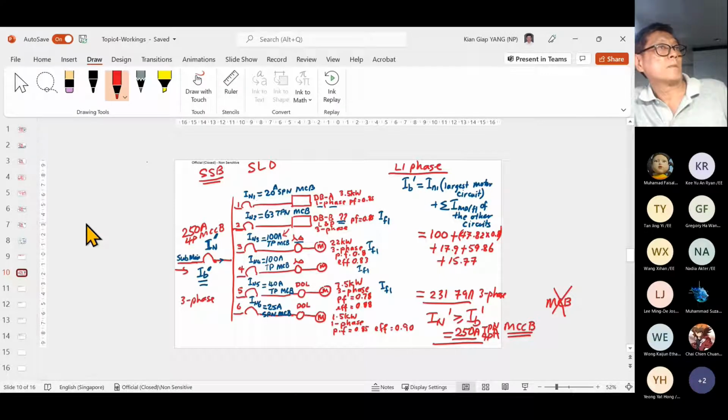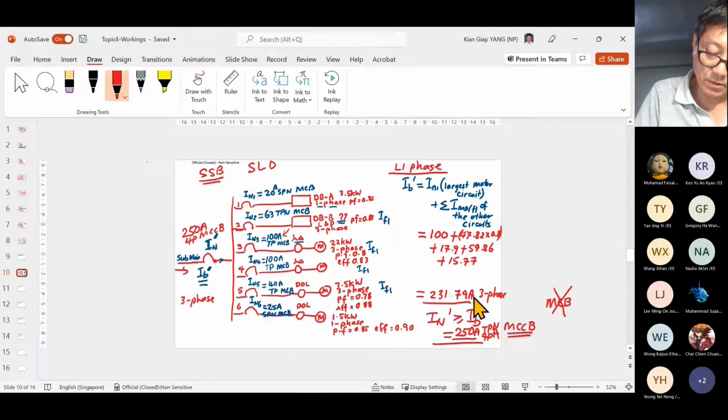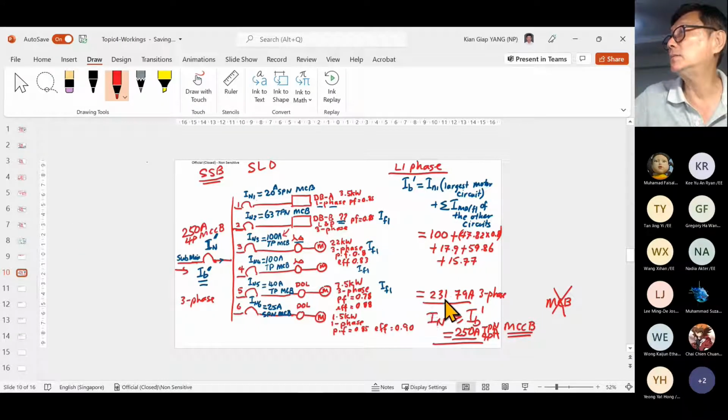Can we choose a lower breaker or not? If the number is not there, we choose the next highest, right? Yeah, we have to choose the next highest. We cannot choose the next lowest. You know why? What is the meaning when I choose the next lowest? Let's say, for example, my current coming in is going to be 231 ampere.